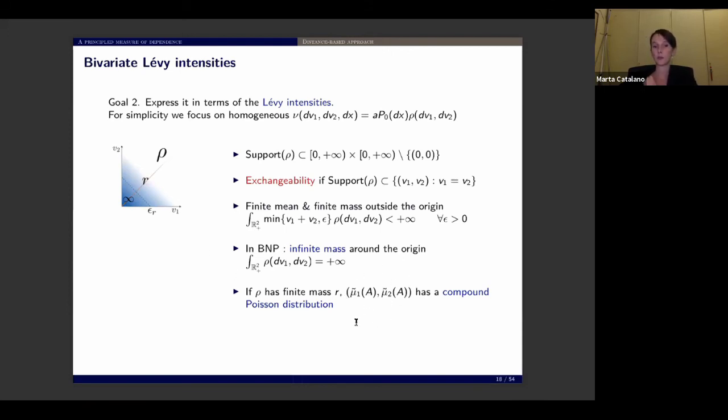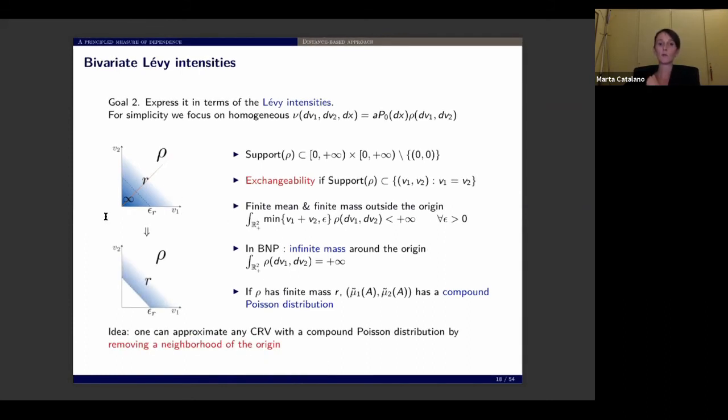Then the induced completely random vector has a compound Poisson distribution. So the underlying idea for our result has been the following: by removing a neighborhood of the origin, we find a compound Poisson approximation for every CRV.